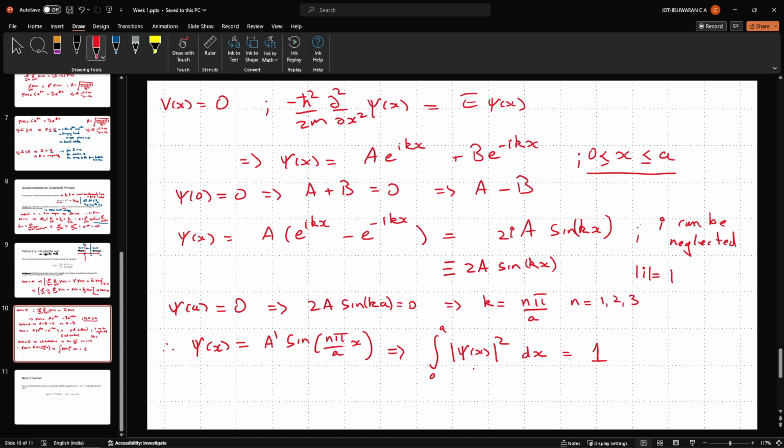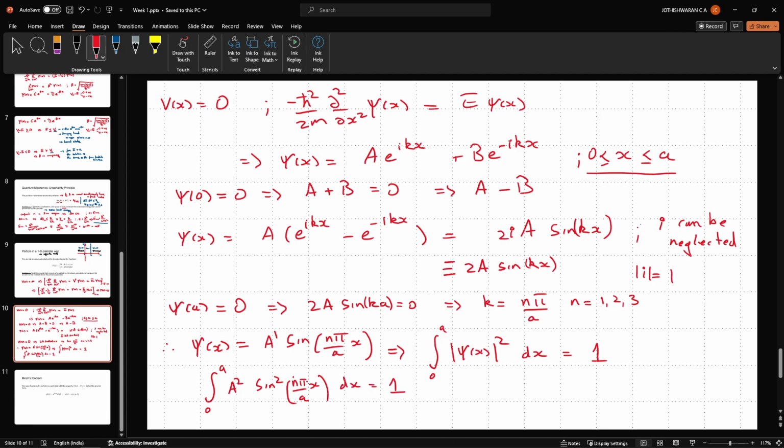So performing this integral, I think this has also been covered in the slides, so I shall not do this integral in detail. I'll just write this integral. You are encouraged to work it out and find it out. So 0 to a, a squared sine squared n pi upon a times x dx is equal to 1.